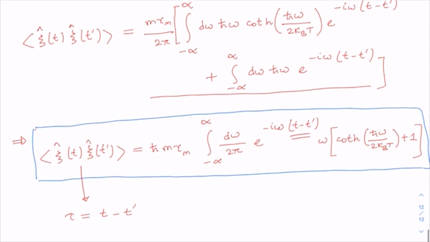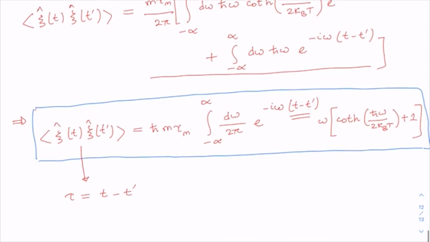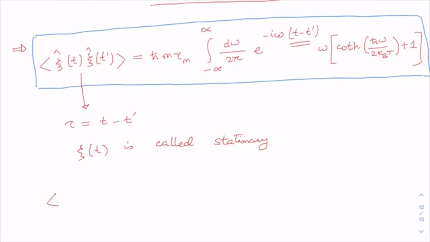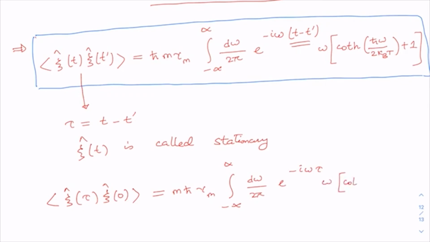Because it depends on the time difference only, this quantum Langevin noise ξ(t) is called stationary, and therefore we can write this autocorrelation function ⟨ξ(t)ξ(0)⟩ as mħγm times the integral from minus infinity to plus infinity of dω/2π e to the power minus iωτ times ω coth(ħω/2kBT) plus 1.